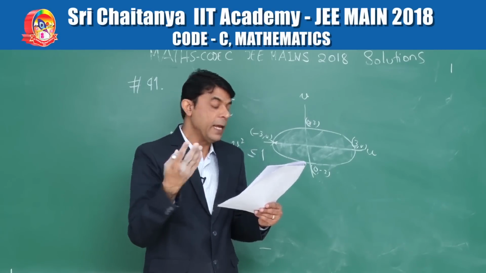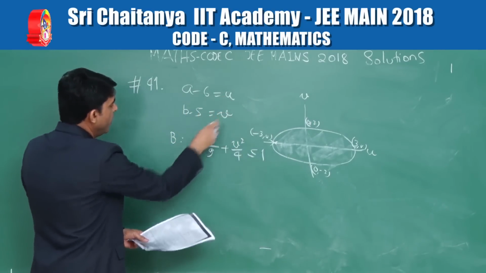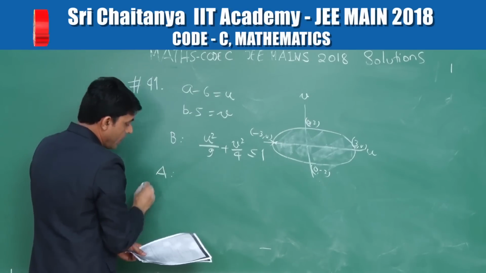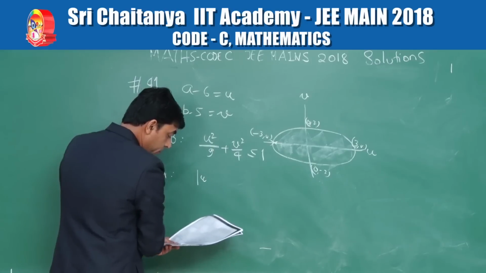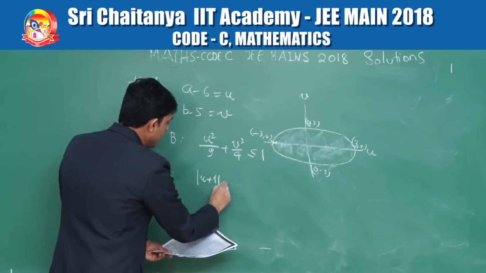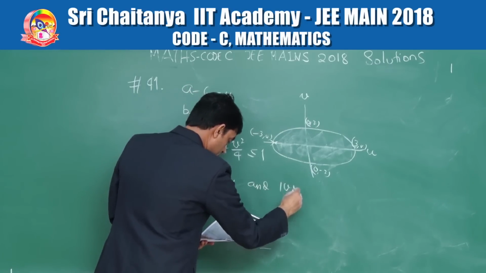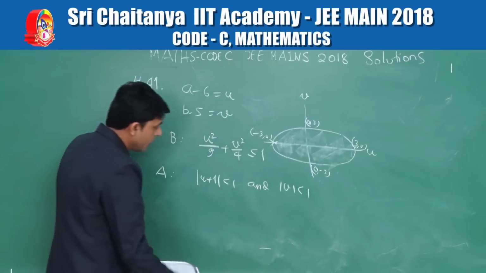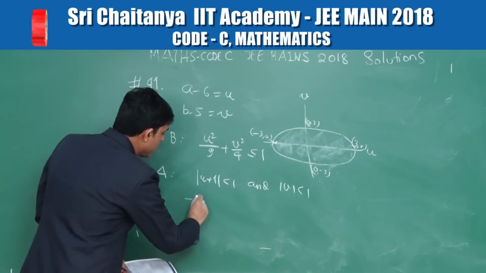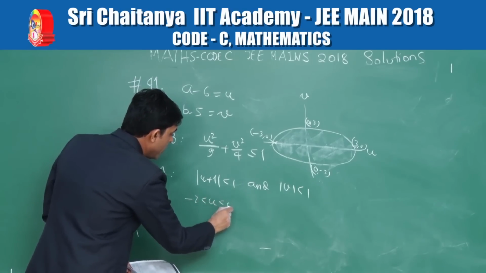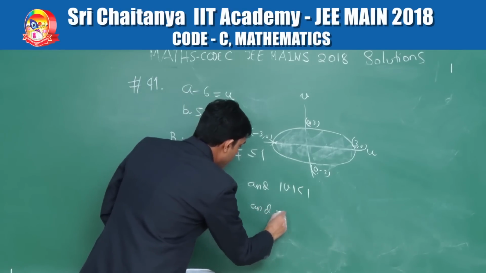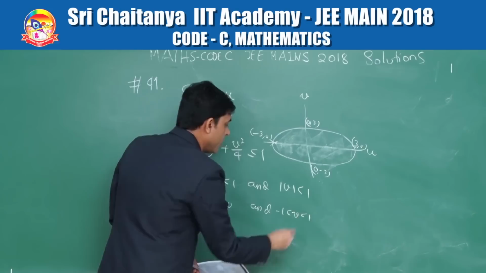Let's think of A now. In terms of U and V, our A becomes modulus of U plus 1 less than 1 and modulus of V less than 1. This further simplifies to minus 2 less than U less than 0 and minus 1 less than V less than 1.